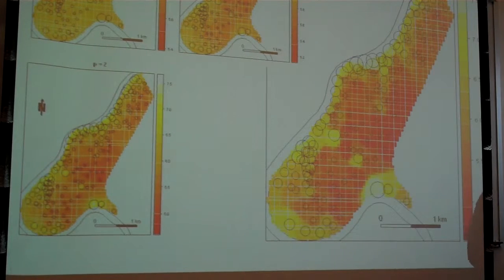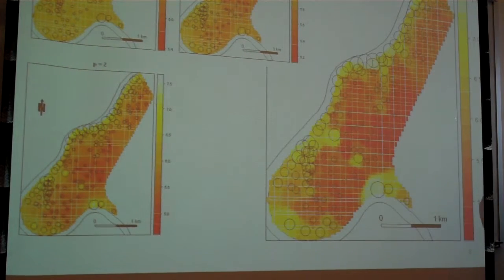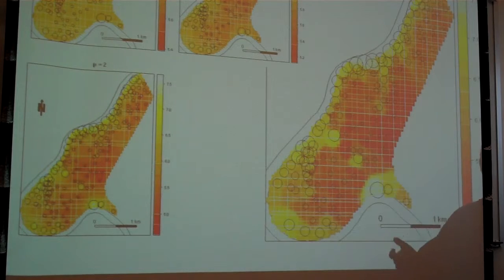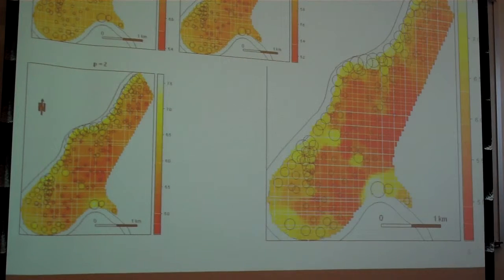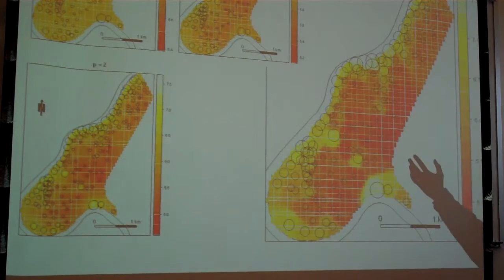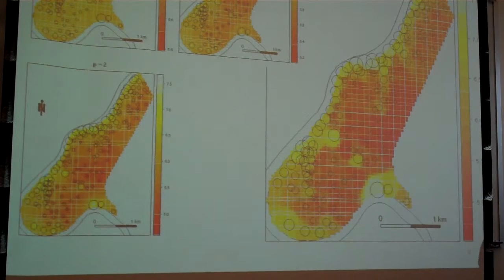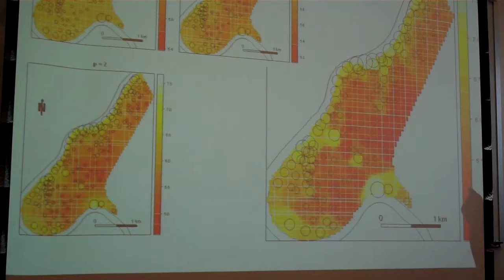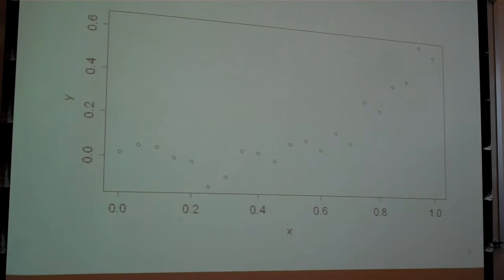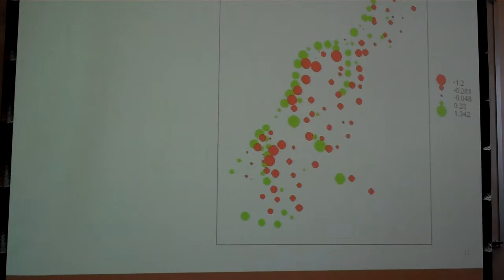I fit the interpolation model with a P of 3.5, and based on the cross-validation I had the residuals from leaving out point 1, what's the residual on point 1? Leave out point 2, what's the residual on point 2? Then I can look at whether there is a spatial pattern in those residuals.